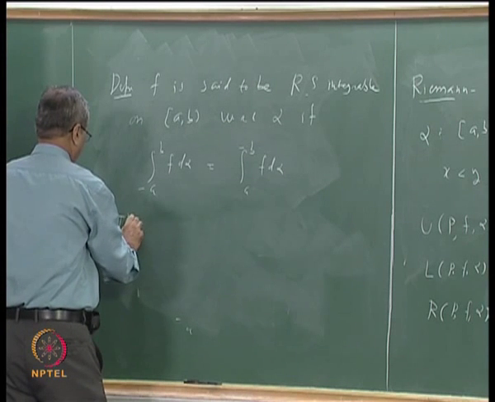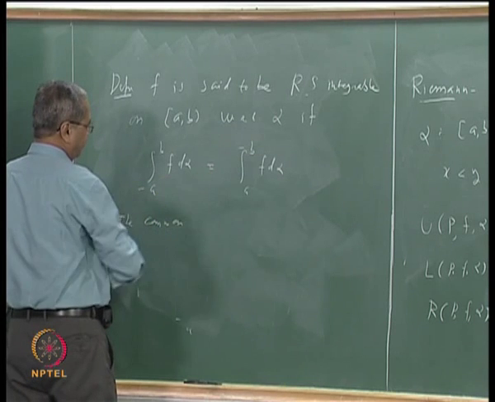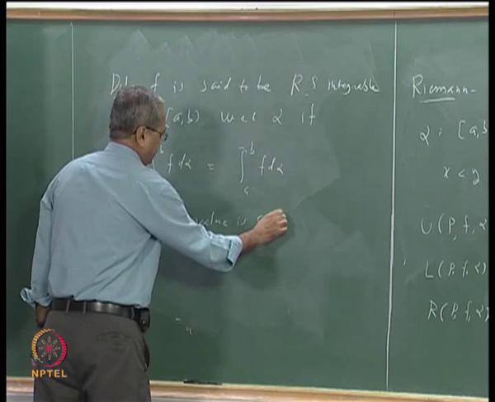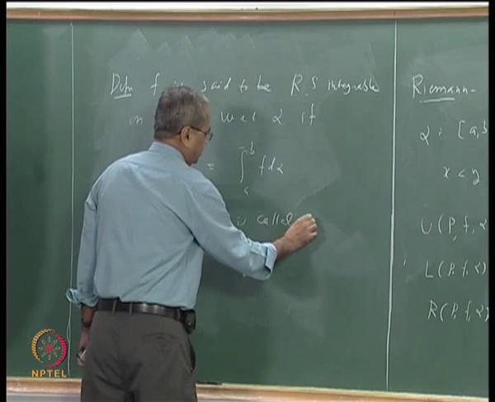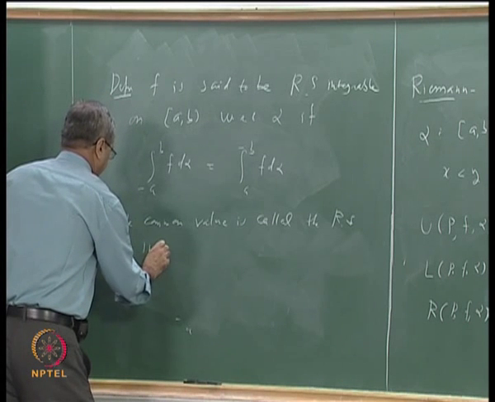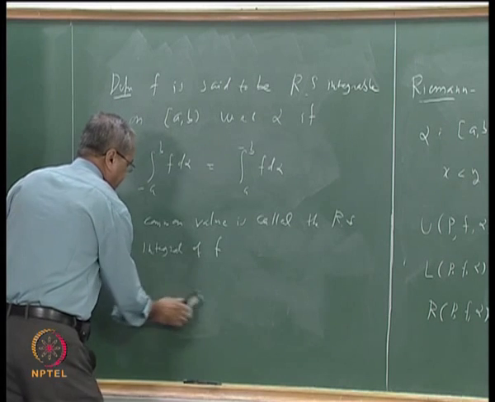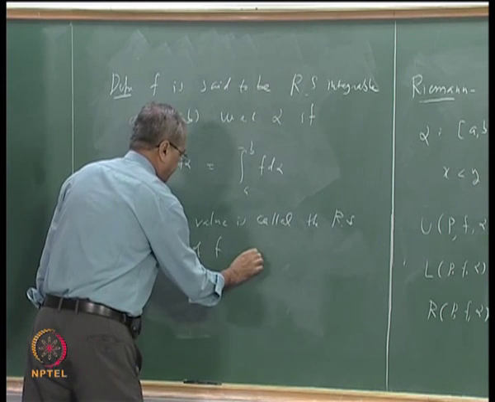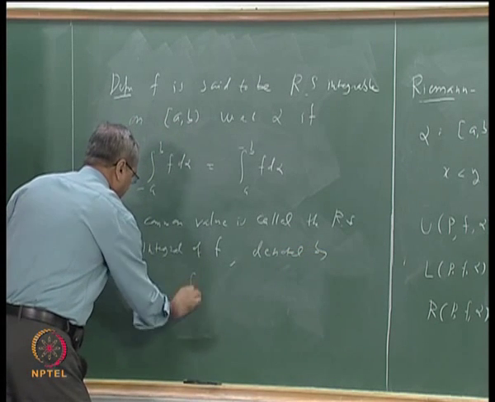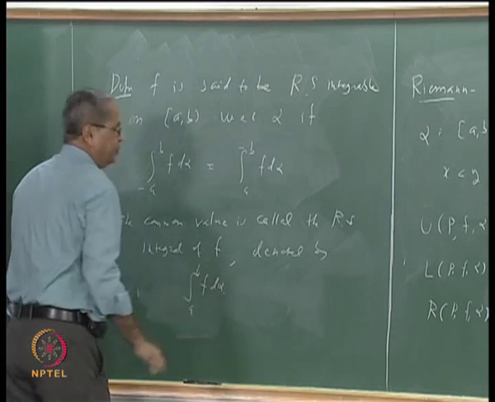The common value, that is whatever is the common value of the lower and upper integral, is called the Riemann-Stieltjes integral of f, denoted by integral a to b f d alpha. Okay.